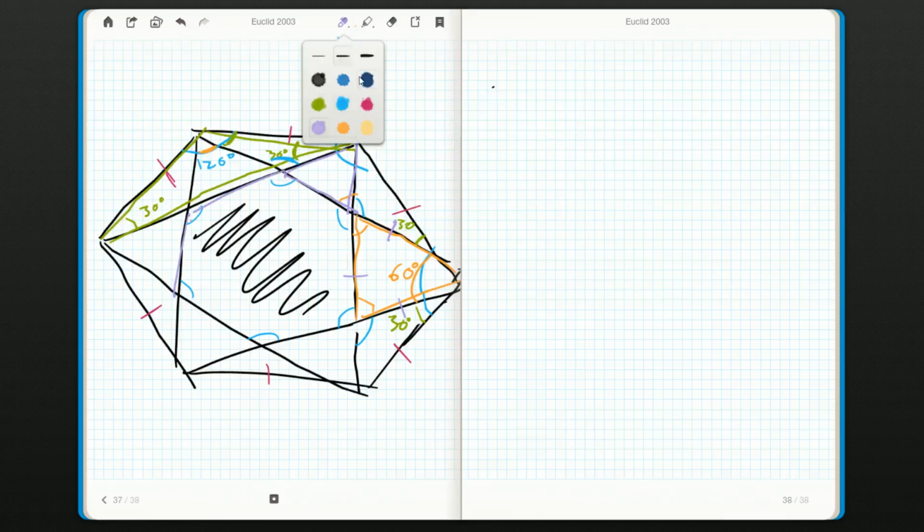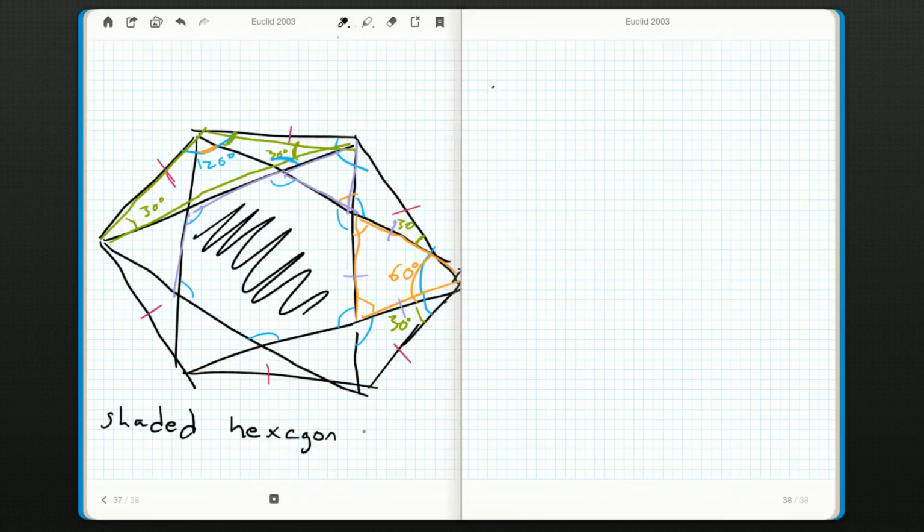So we can actually see that the shaded hexagon is also regular. Great. So if we had a formula for the regular hexagon in terms of its side length, I think we'd be all set. And we could do it that way. That would be a great way to do the question.